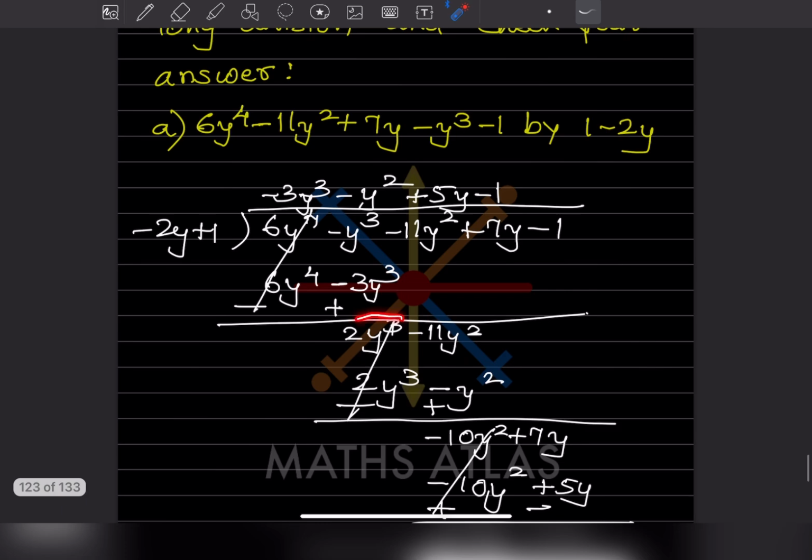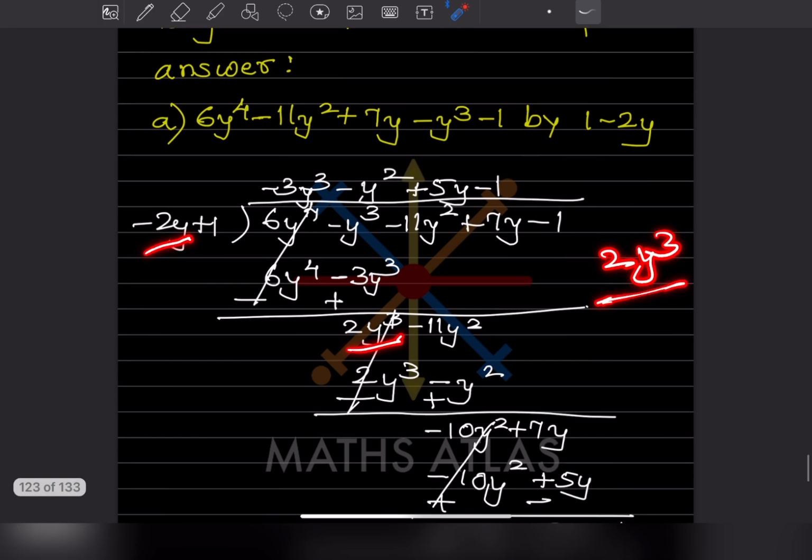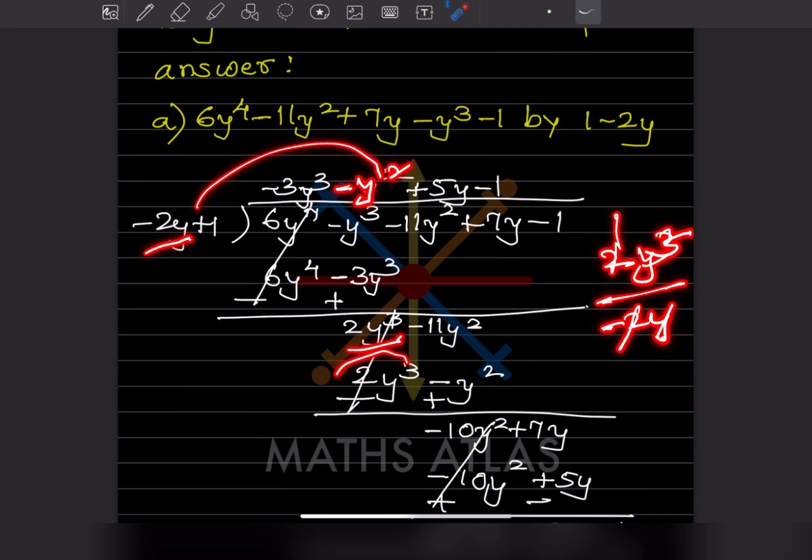So now again, what are you going to do? The first term of this one and again the first term of this one. So what is that? This is 2y3 divided by minus 2y. 2 and 2 get cancelled. So here it is going to be minus y square. Now when you multiply this, you get 2y cube.